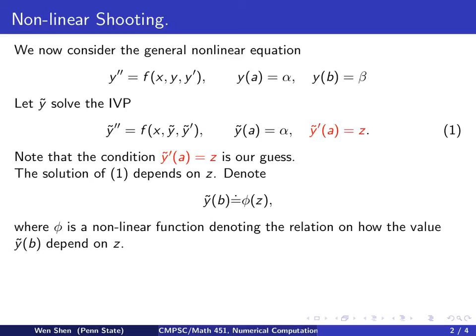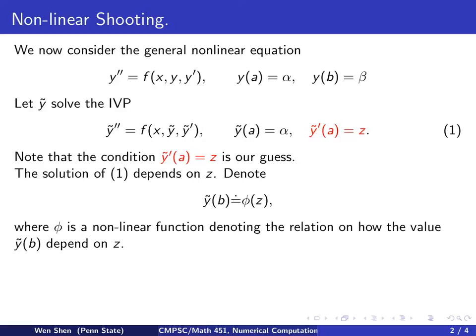So we see if we choose a different value of z, we will get a different solution for this initial value problem. So for each z, there is a solution, which means the solution of 1 depends on your choice of z. So this clearly says to me that there is some kind of a mapping or function here.